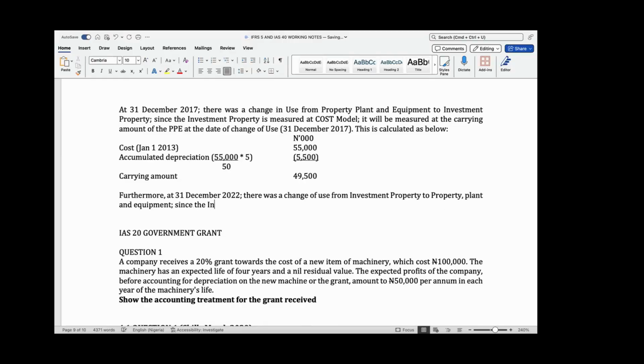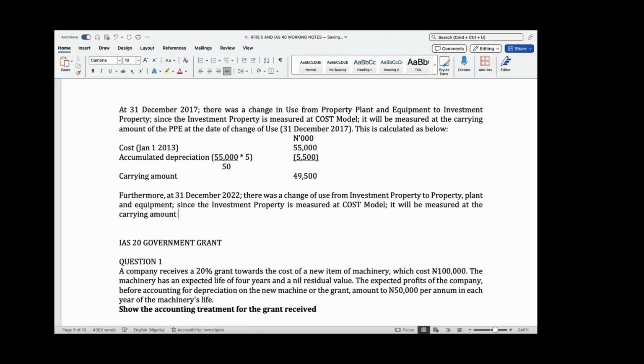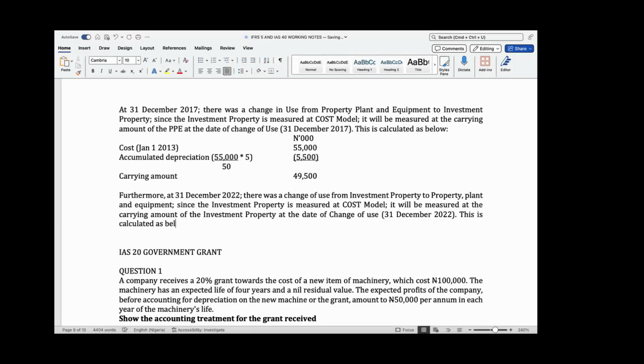So since the investment property is measured at cost model, it will be measured at the carrying amount of the investment property at the date of change of use, which is 31st December 2022. And this is calculated as below.